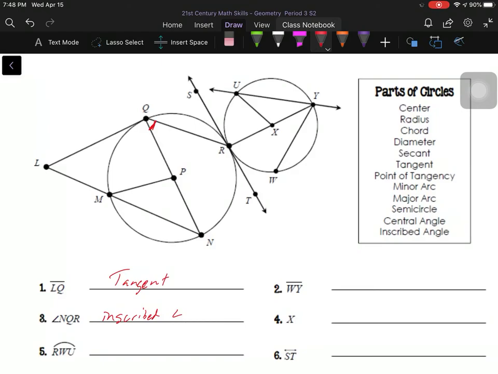RWU, that'd be a major arc. So if I highlight that one, that's this one here. R, go through W, go all the way to U. Segment WY. So WY is a chord.